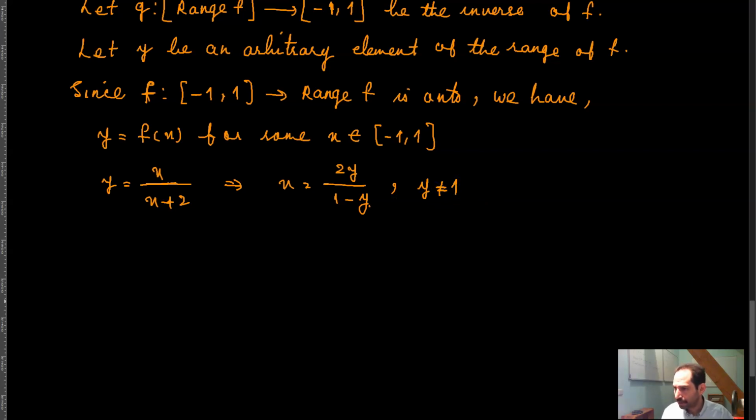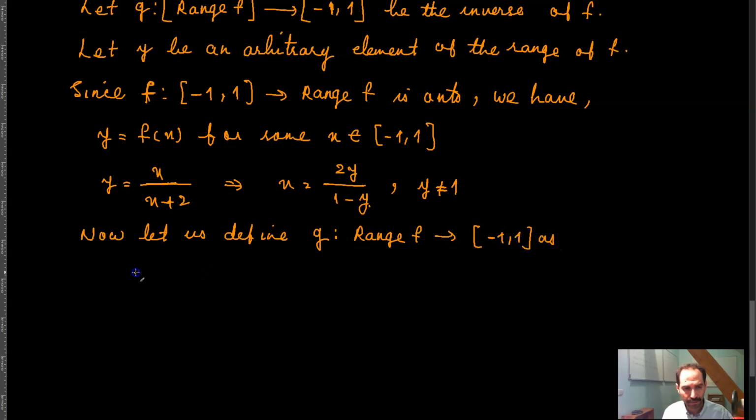And so now let us define g. Let us define g as from the range of f to the interval -1, 1 as, for example, g of y is equal to 2y over 1 minus y, for y not equal to 1.